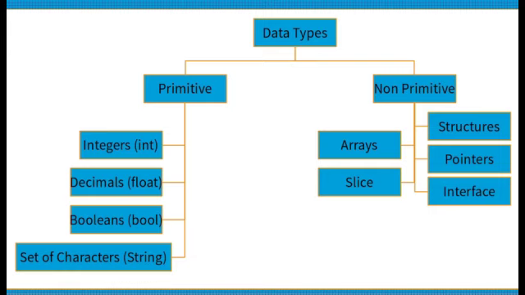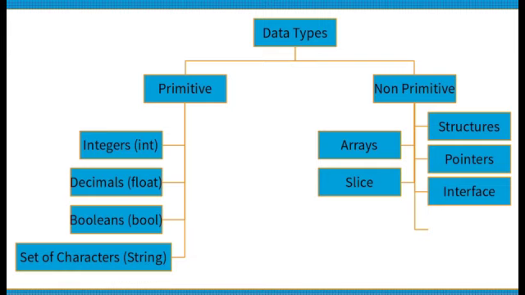But so far we are good, right? Array is continuous memory allocation, slice is dynamic memory allocation. Is there any data type that uses a key value pair, so I can use any key and store a value corresponding to that key? So far we don't have any such data type, right? Okay, let's check.